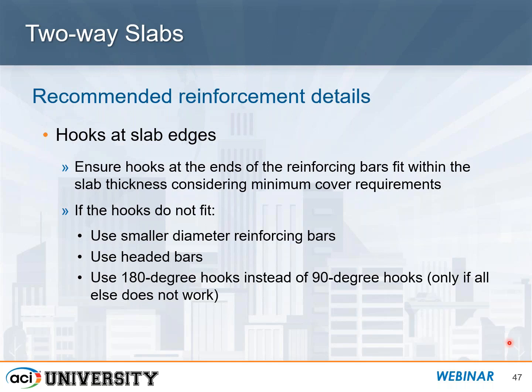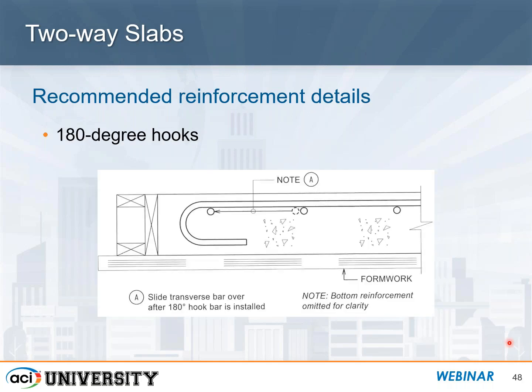Now, there are some issues, as I'm sure we're all aware, with 180-degree hooks, especially at the end. If you have this layer of bars in, and you can't put that hooked bar in on top of the other layer, you have to take that last bar, or more than one bar if it doesn't clear the hook, and slide that over, and then slide it back once the hooked bar is in place.